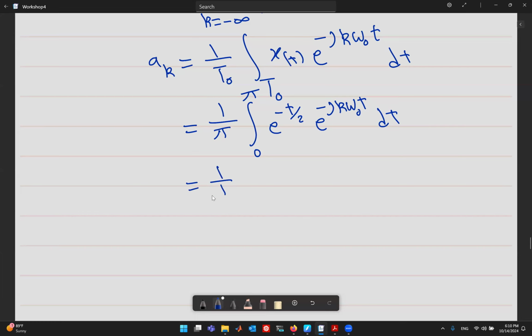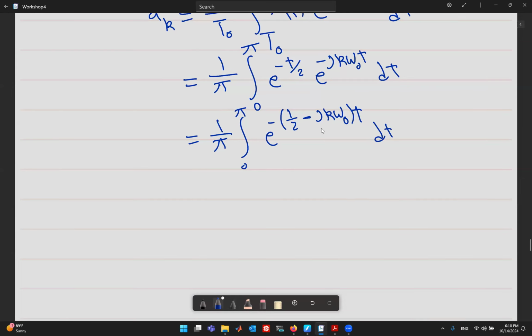We have 1 divided by pi, 0 to pi, exponential minus 1/2. I'll take the t outside: 1/2 minus j k omega naught t dt.